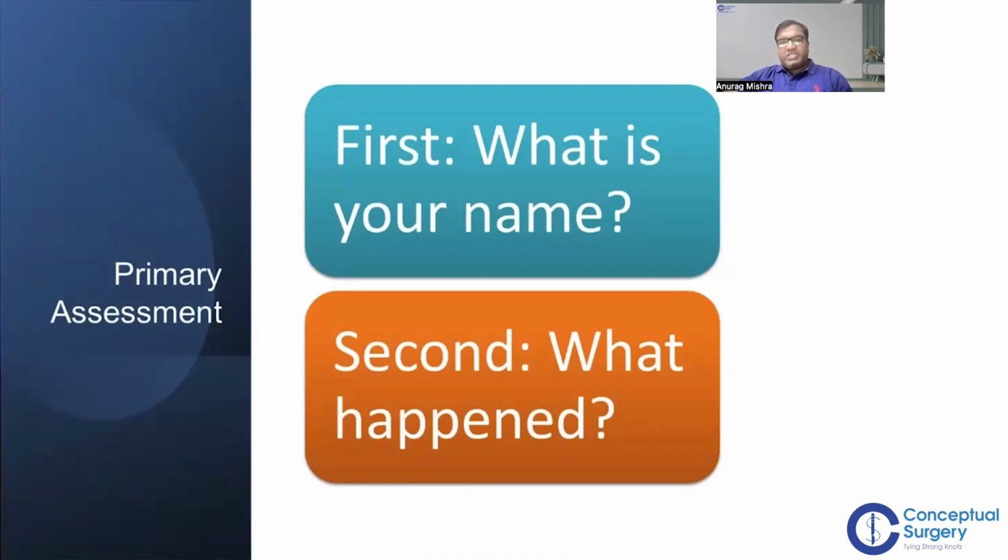So by just two questions, which will take maybe 10 seconds, you will be able to assess A, B, C, and D. This is the beauty of these two questions, just asking a name and what happened. It creates rapport. It gives you some essential information about symptoms and what was going on, and also an assessment of ABCD.